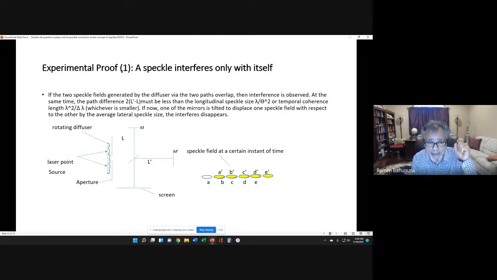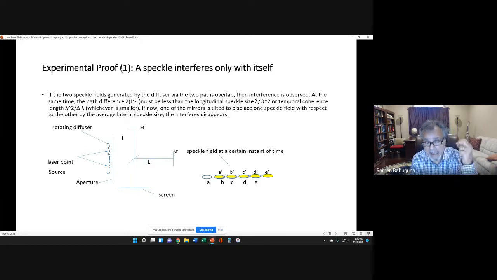Now what we do is tilt one of the mirrors. I have shown the speckles from the arm L as A, B, C, D, E. I've just shown a few speckles, and I have shown A prime, B prime, C prime, D prime, and E prime, which come from the mirror M prime. I tilt one of the mirrors to shift the speckles by one average speckle size.